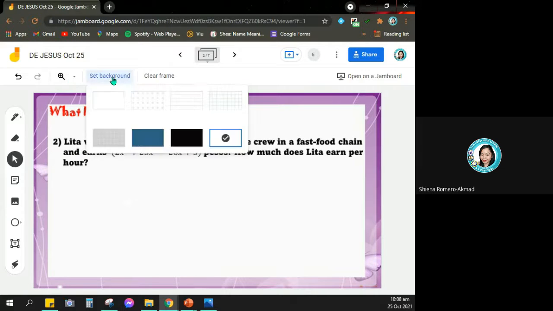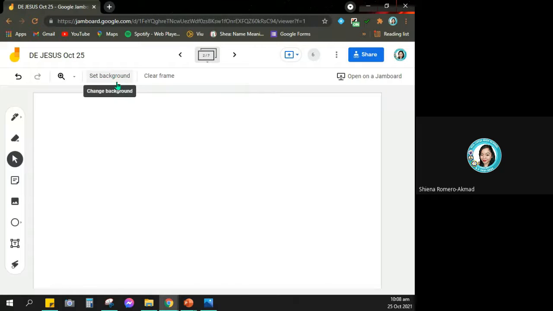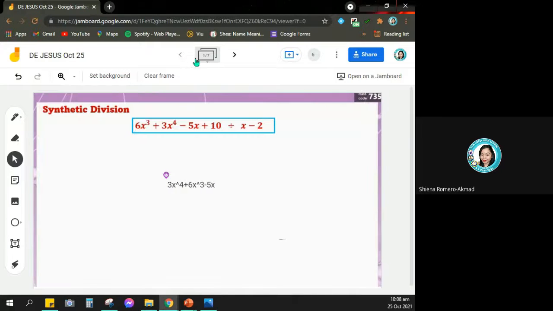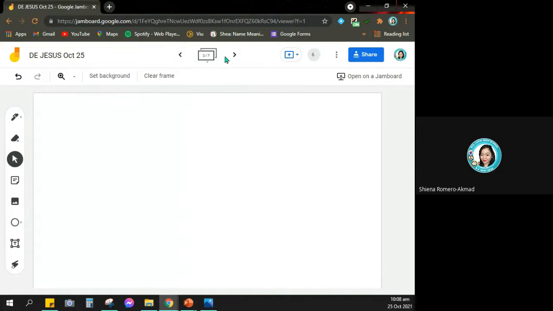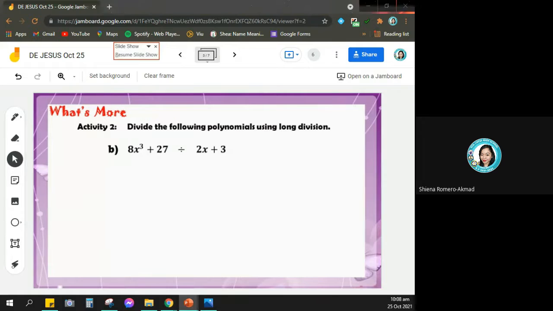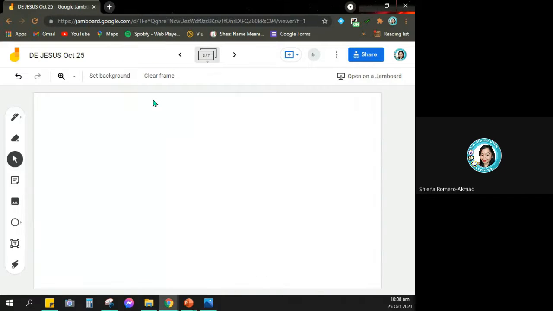Alisin ko tong frame mo. Oh, 6 kayo nandyan. Sagutan nyo ito, oh. Ayan. May A ba tayo? Walang A? Kasi nabigay ko na A. Okay, 13. 13 siguro.